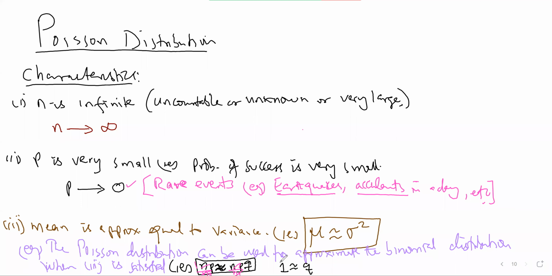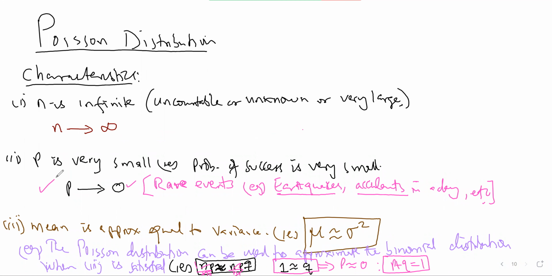And when is Q approximately equal to 1? That is only true when P is approximately equal to 0. Because we know if you take P plus Q, you always get 1. So if Q is very close to 1, then it means that P is very close to 0, which is what we said earlier.